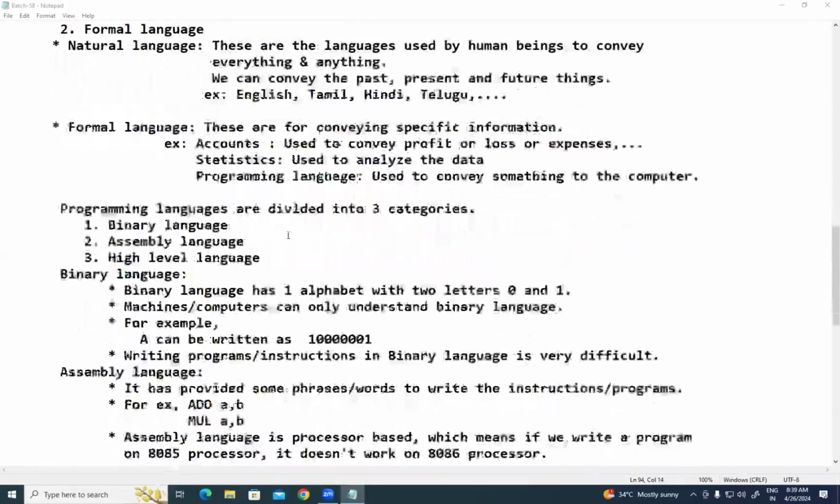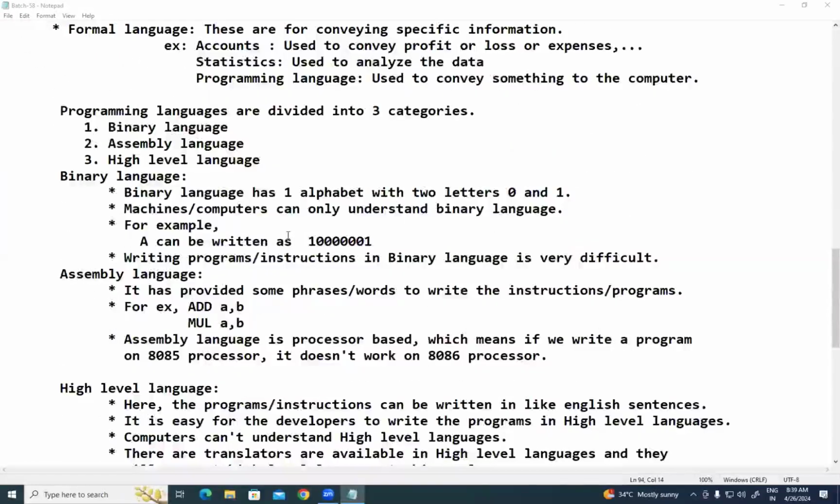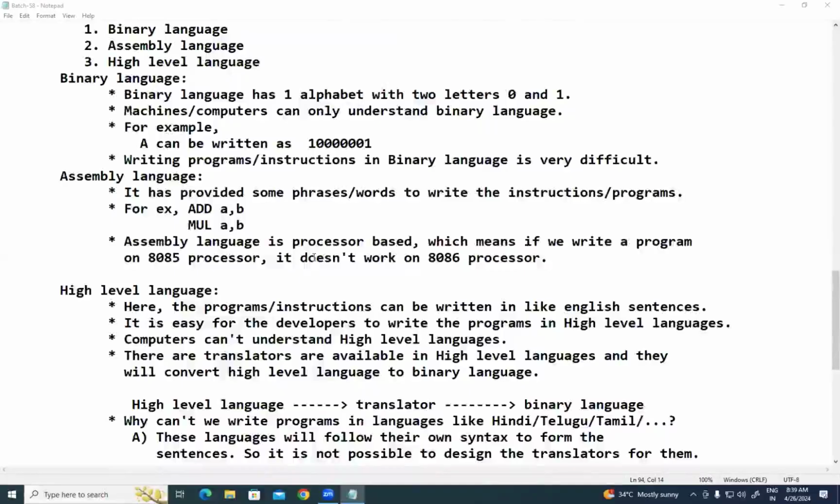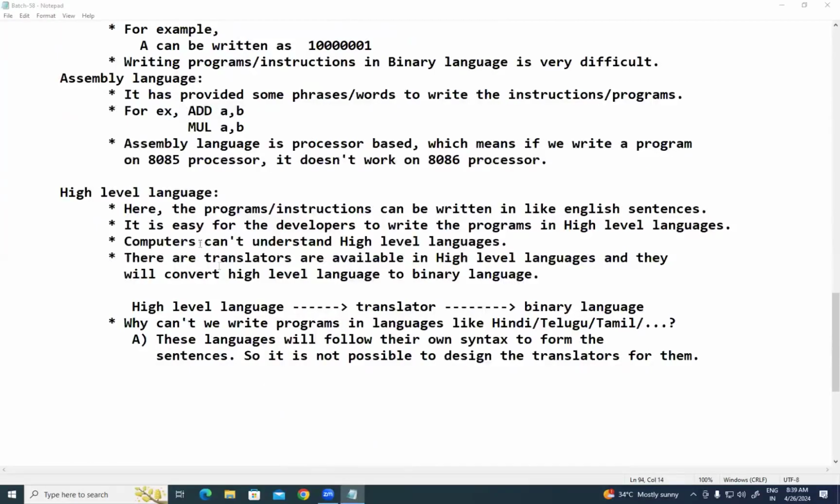There is a lot of pain behind designing the content in this format to give you the clear idea about why we should use high-level languages for writing the programs.